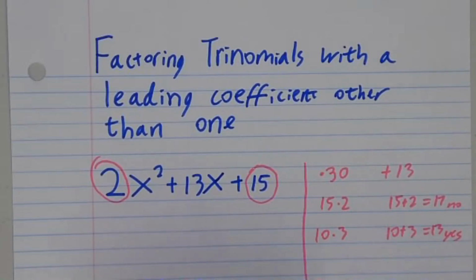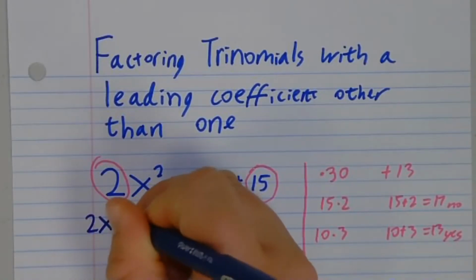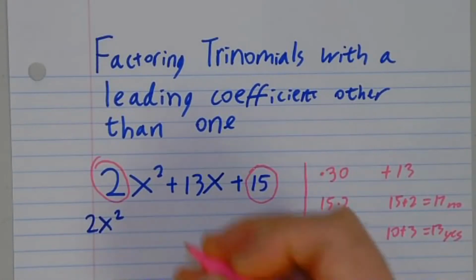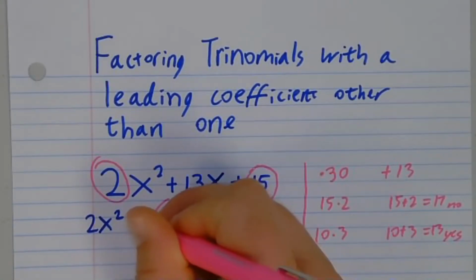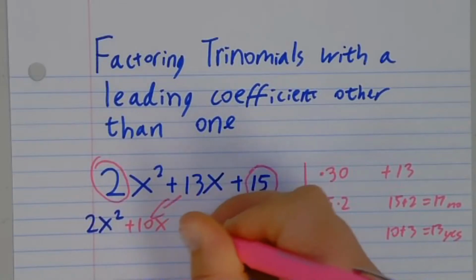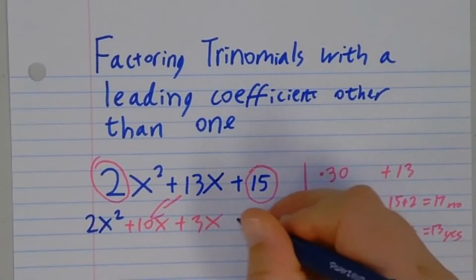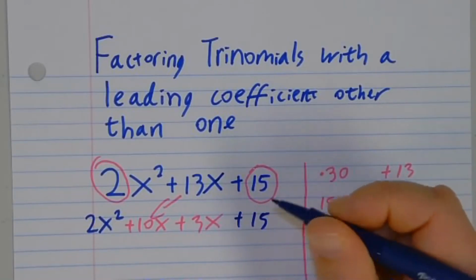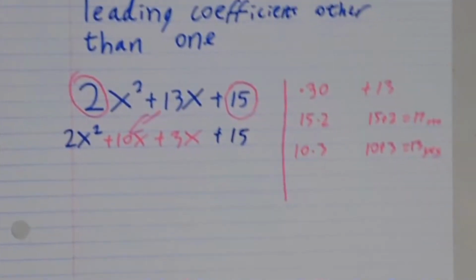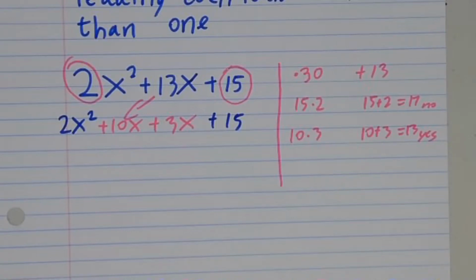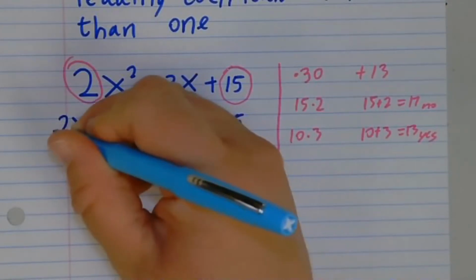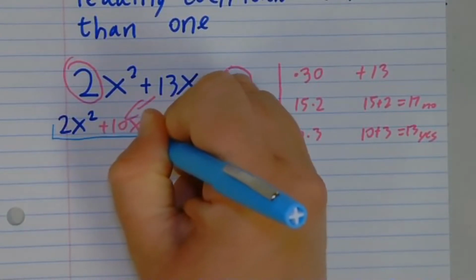So, just like before, I rewrite it as 2x squared, and I rewrite my 13x as 10x plus 3x plus 15. And now I can factor by grouping. And I am going to start using a little less detail than I did in some of the previous videos, just because that's something that you do as you get more comfortable.